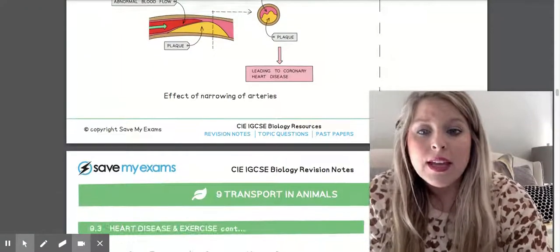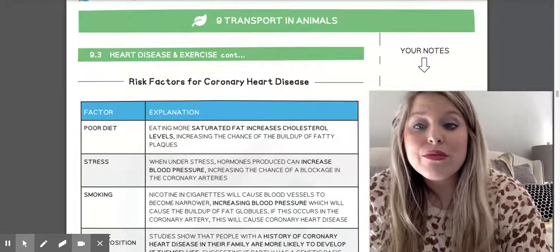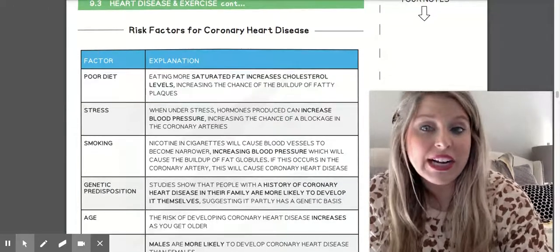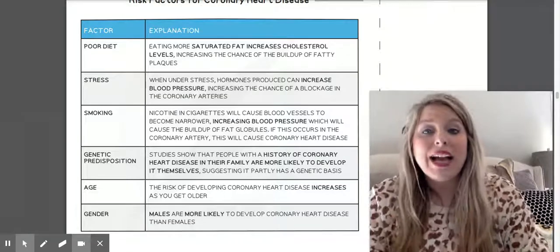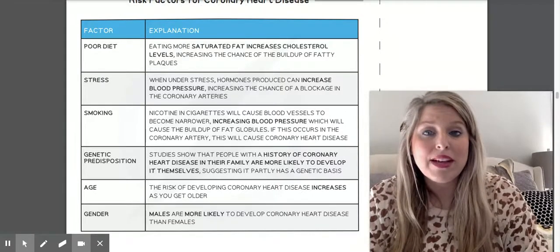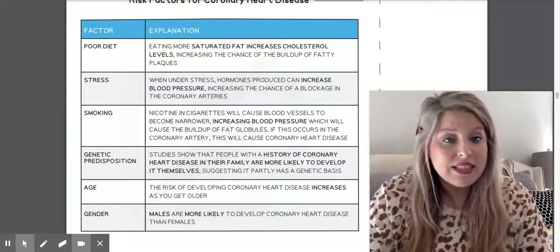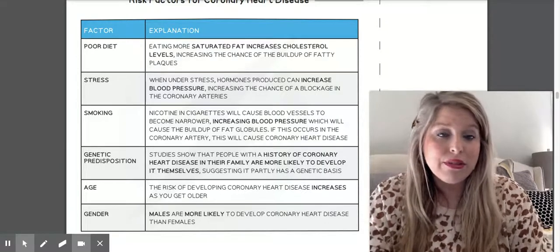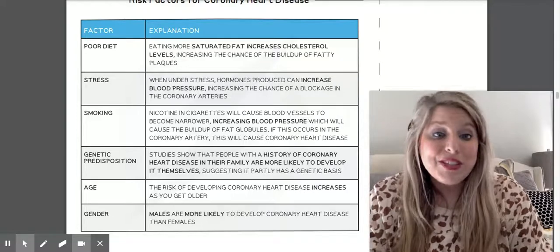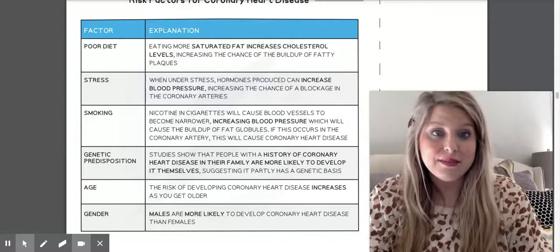Okay. Now, when we look at the risk factors for coronary heart disease, what leads to this? Ultimately, that's going to be a poor diet where you have too much saturated fat, which leads to increasing cholesterol levels and is going to contribute to the buildup of fatty plaques. Too much stress in your life, oh my goodness.